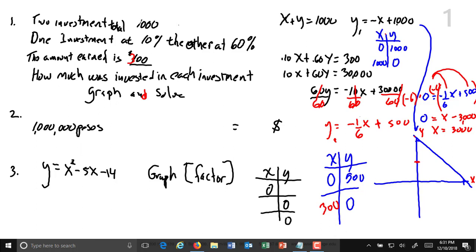And this other one, when y is 0, I got 3,000. So it'll be 3 times this, so it's going to go way out there, but it will hit. So that's the graph of line 2.